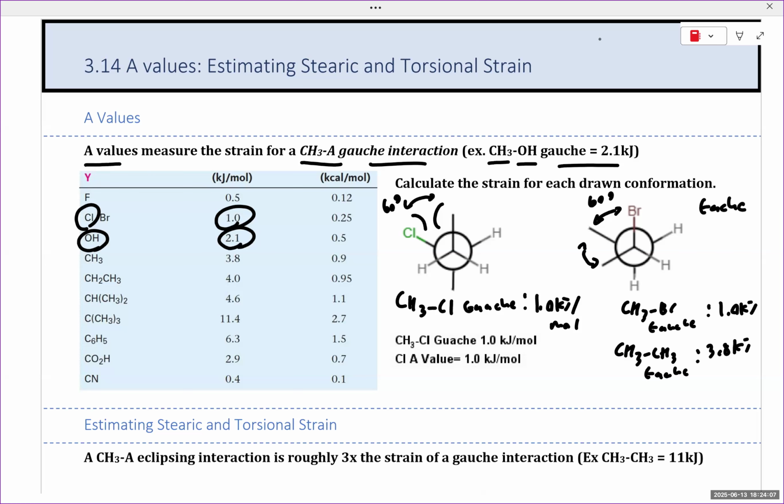Again, you can have a gauche interaction between two substituents if your front and back substituents are separated by a 60-degree dihedral angle and they're close enough in 3D space to interact, to bump into each other. So adding up these two gauche interactions, we get 4.8 kilojoules of total strain. And this is mostly steric strain.